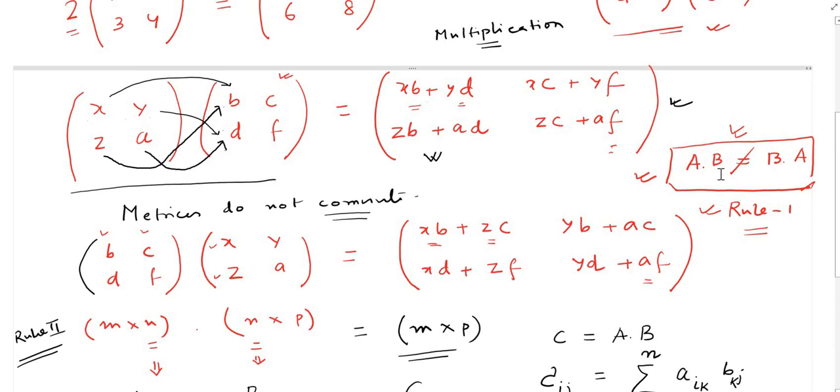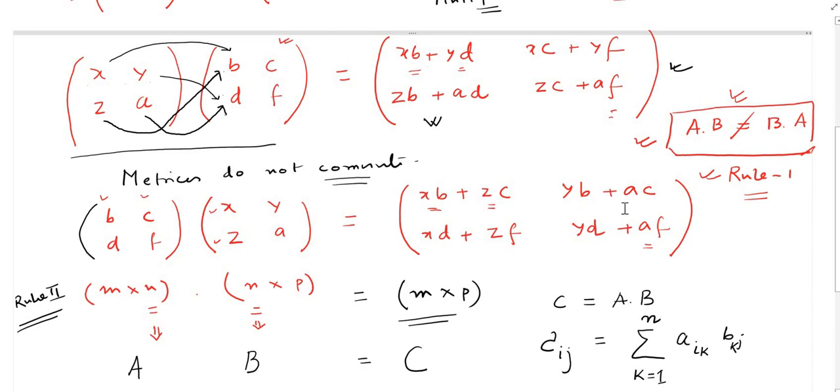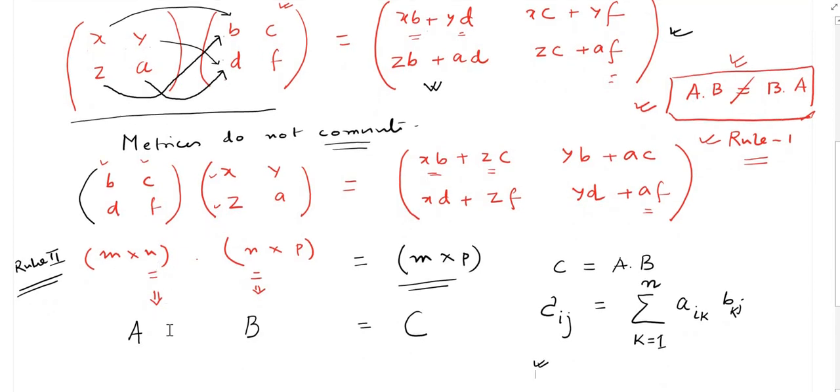Rule number 1, a dot b is not equal to b dot a, and we understand why. And rule number 2 is that if you multiply an m into n dimensional matrix, you have to make sure that this n is the same, and you will get an m into p dimensional matrix. And this is the general formula.